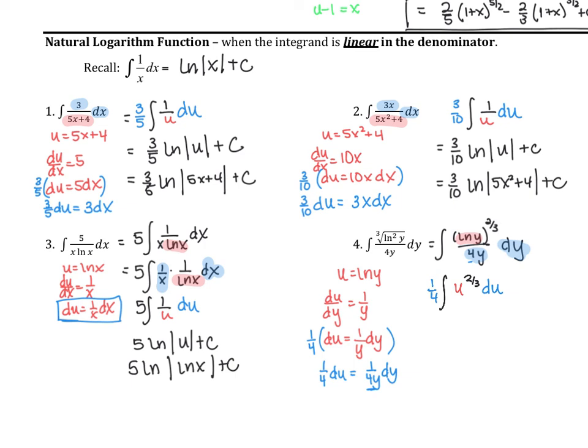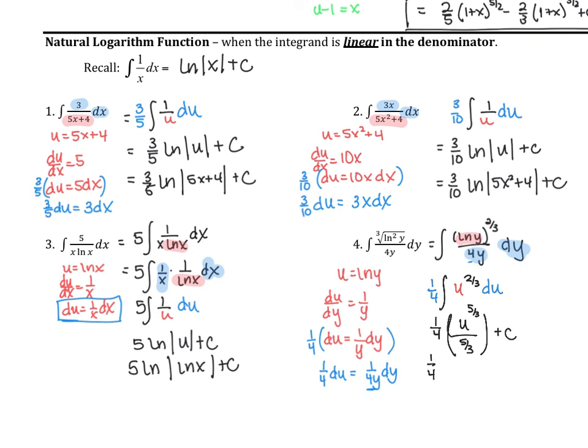Okay, now let's integrate this. And integrating this, I'm going to get 1/4 of, well, I'm going to go up a degree. So I would get u to the 5/3 over 5/3. Let's put that in big parentheses, plus c. Okay, kind of messy, so let's rewrite that.